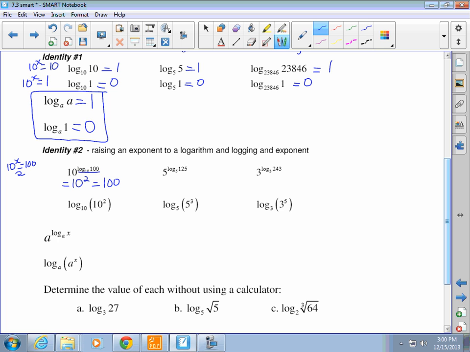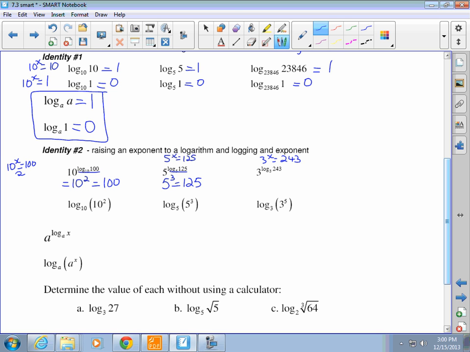If I take a look at the next example, looking at just the exponent, 5 to the power of what is equal to 125? That would be a 3. So this is the same as saying 5 cubed, which is 125. Log base 3 of 243, 3 to the power of what is equal to 243?